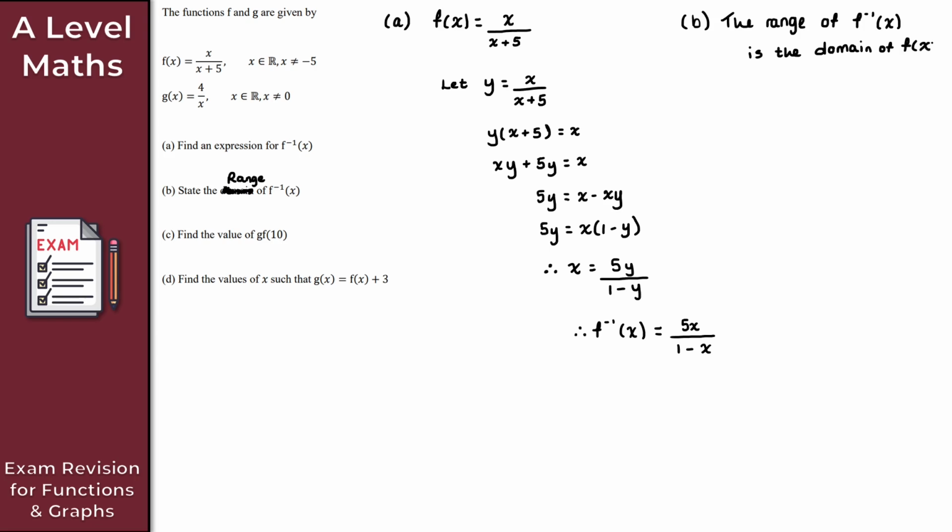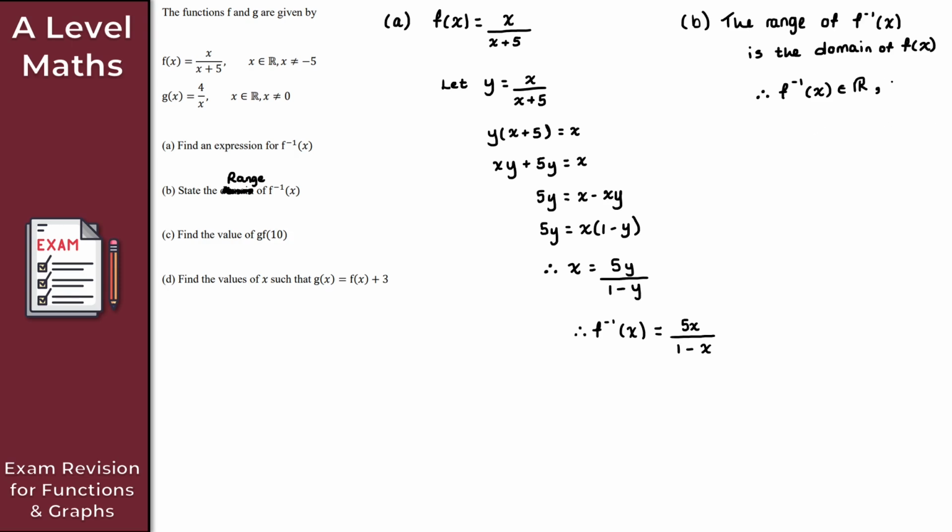So in that case, the range of the inverse of f of x is given as f to the minus 1 of x belongs to the set of real numbers, like so. And the inverse of f of x cannot be equal to minus 5.